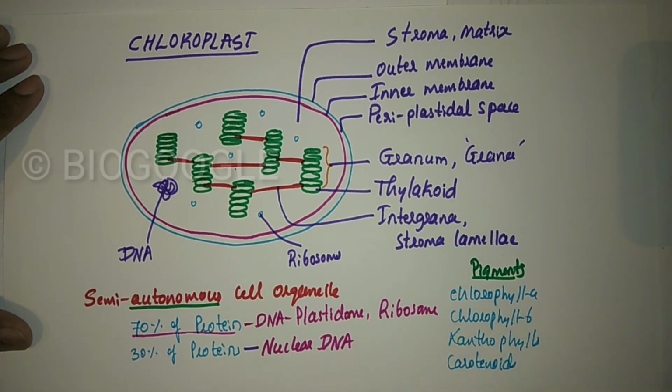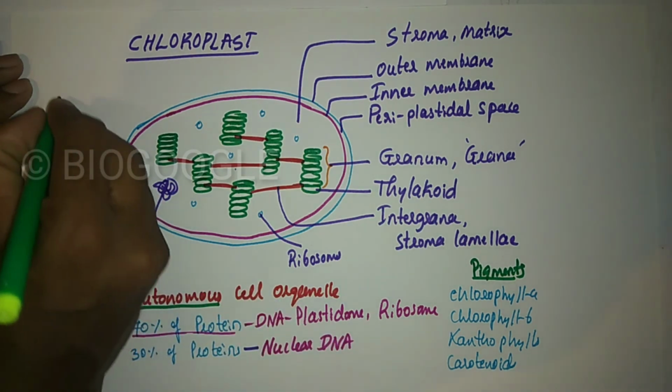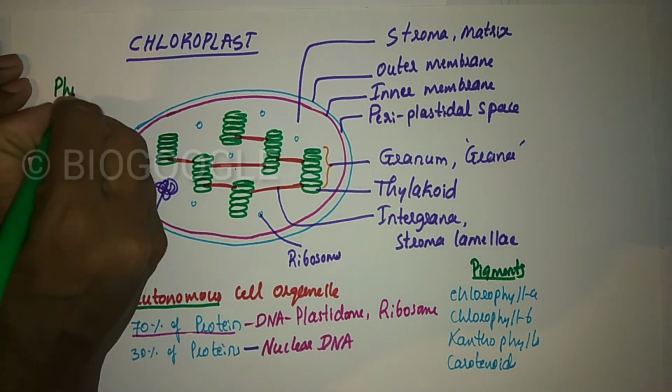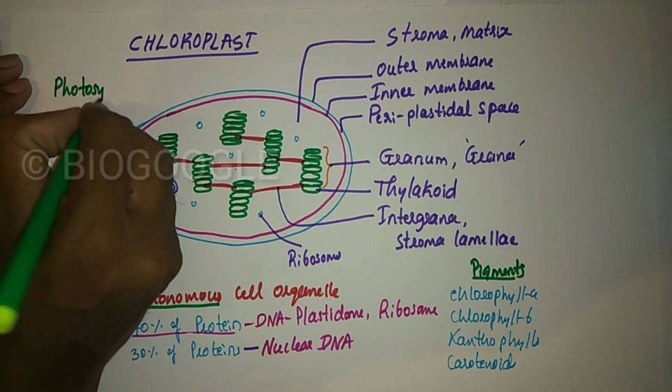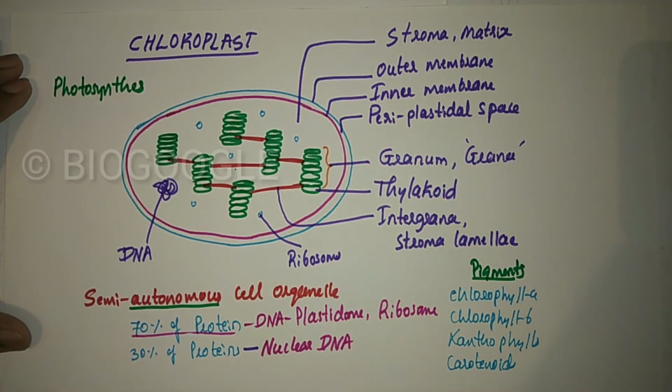By the help of all these pigments, the chloroplast is able to perform a vital process in plant life that we call photosynthesis. This is the major function of the chloroplast.